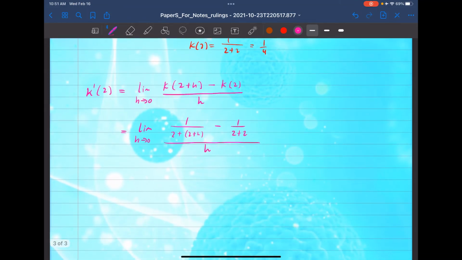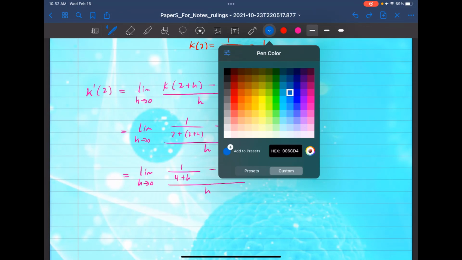So carrying out the algebra, we have the limit as h approaches 0 of 1 over, now here I can drop these parentheses and I can add 2 and 2. That gives me 4 plus h, minus 1 over 4, all over h. Now I cannot take the limit until I simplify this. So I'm going to go ahead and combine the top into a single fraction by multiplying by the LCD.